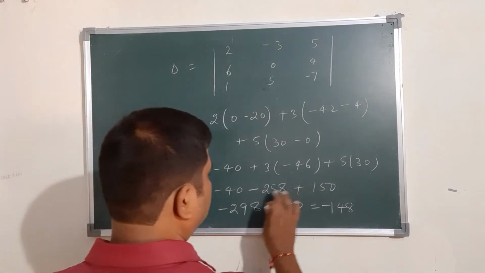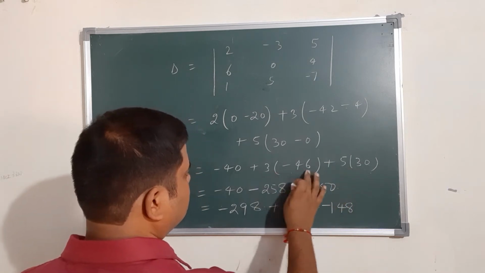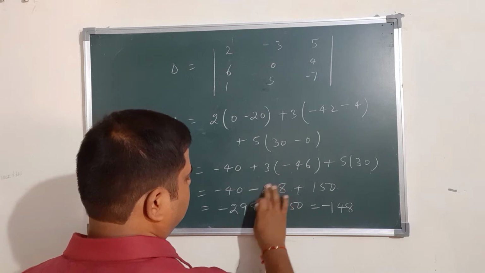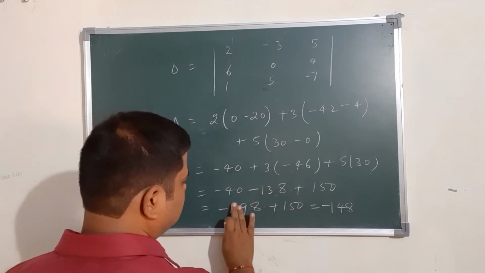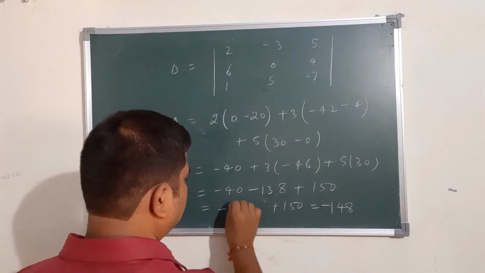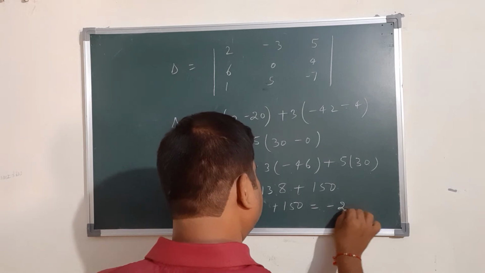See, there is a correction: 3 6s are 18, 3 4s are 12 and 130, 138. So this is minus 178 and this is minus 28.